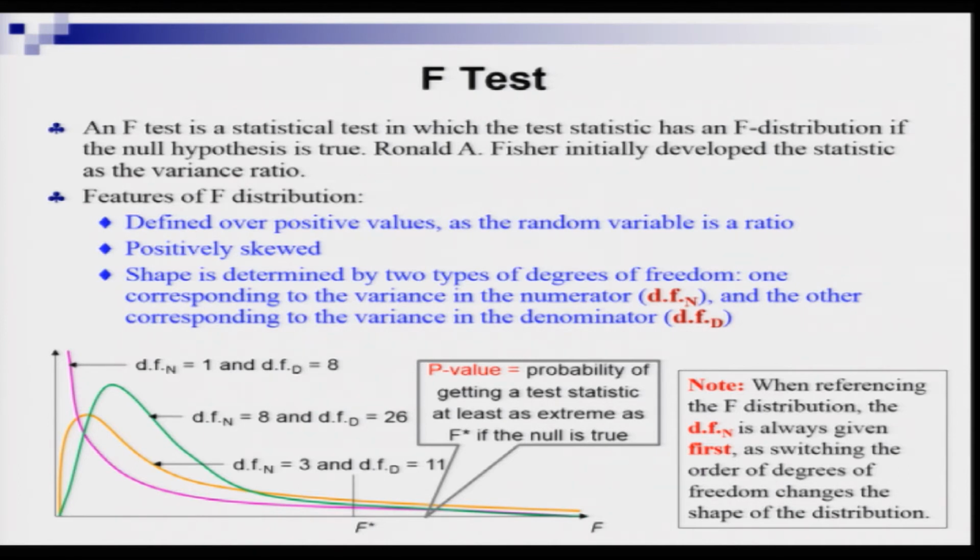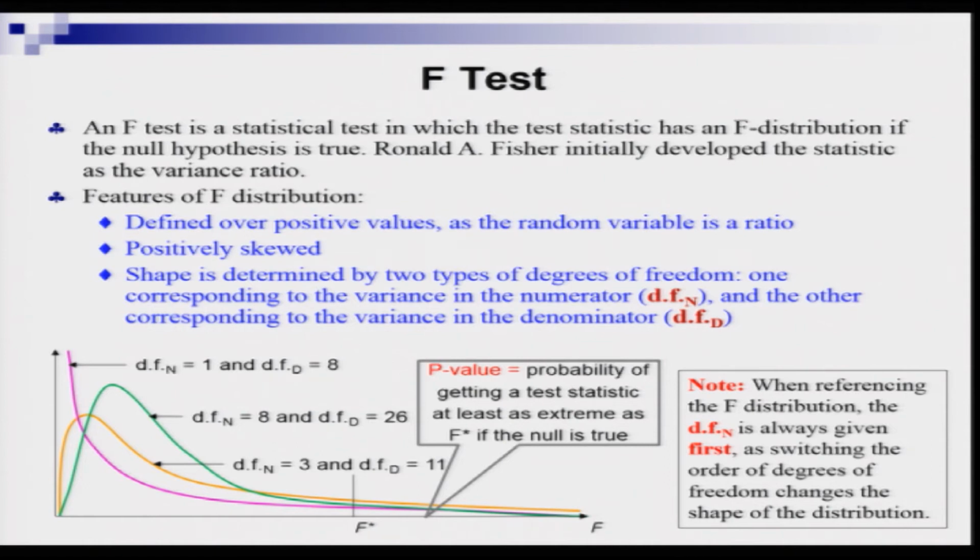And if I now increase the dfn and dfd values to 3 and 11 respectively, then I get this orange colored PDF shape, which is a typical positively skewed distribution. And if I continue to increase the dfn and dfd values to 8 and 26, then I get a PDF of higher height, and it has higher density in the right tail also, and that is given by the green colored PDF curve.